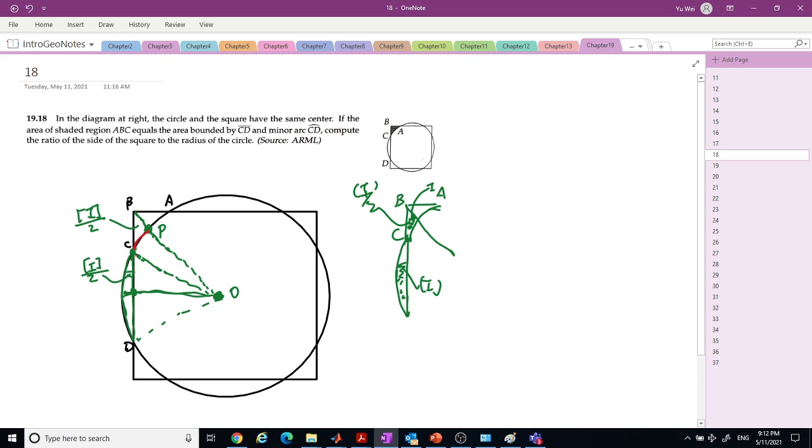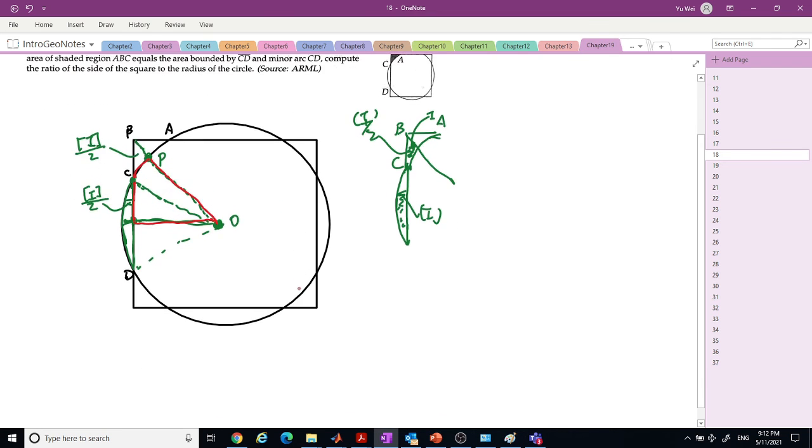The area of this, let's say this point is M, the area of PCMO plus half of area 1 is equal to PCMO plus half of area 1.